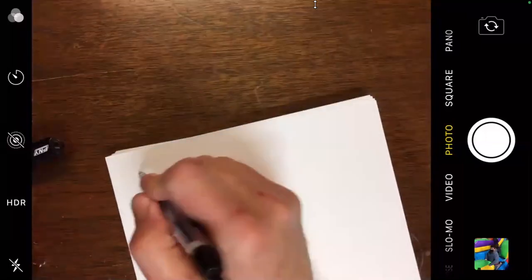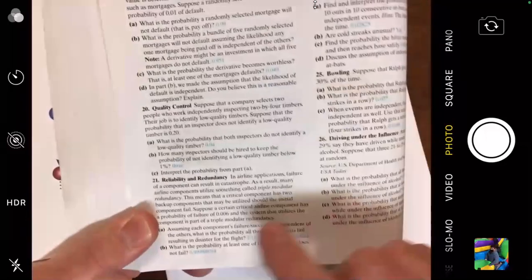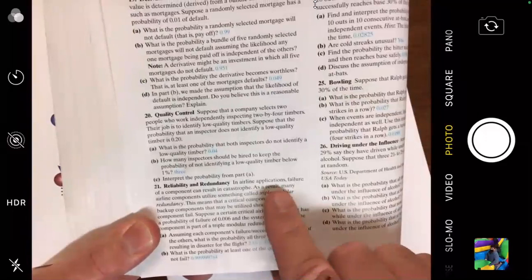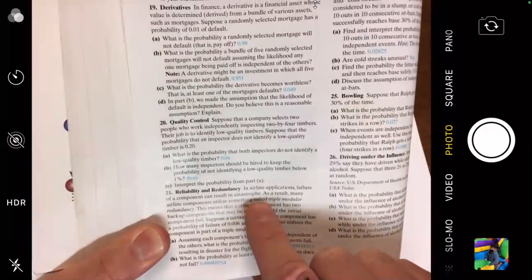All right, this is where, again, it's hard to write all these problems down. There are so many words, I'd be here another 10 minutes copying this down for you. We kind of give the author of the book a Captain Obvious award here. In airline applications, failure of a component can result in catastrophe. Gee, you don't say.